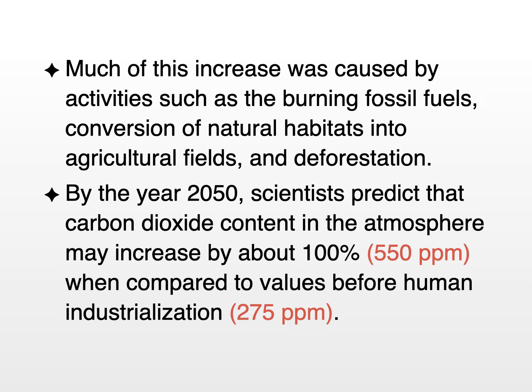And this was done via burning fossil fuels, the conversion of natural habitats into agricultural fields, and deforestation, the removal of trees, and allowing cropland or other forms of less biomass intense vegetation to exist.